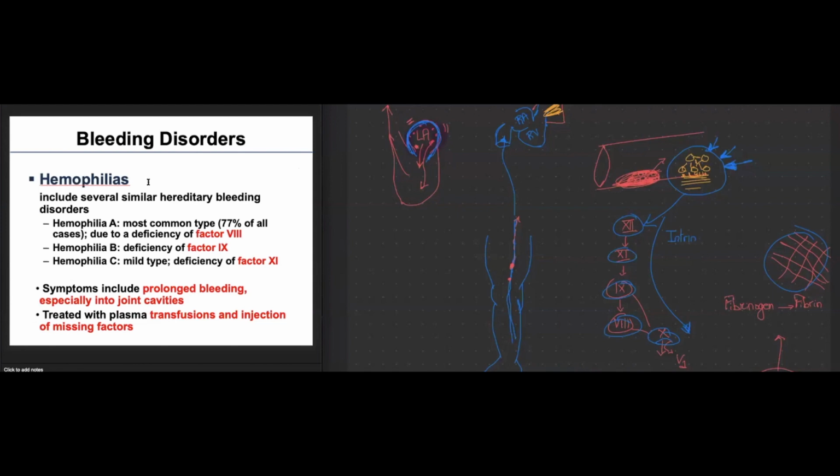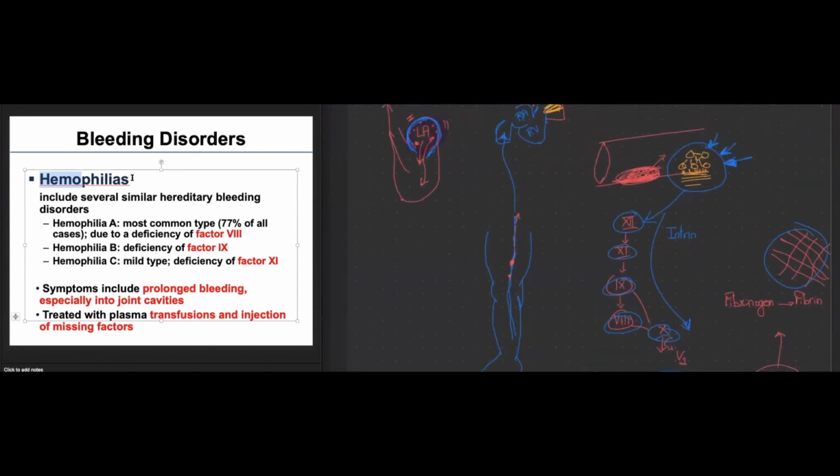Other bleeding disorders that will cause hemorrhage are going to be the hemophilias. And from the name here, hemo, blood, and philia, love. So hemophilias are the conditions in which patients are going to love the blood.